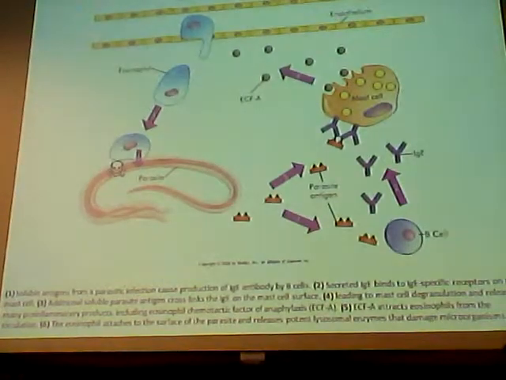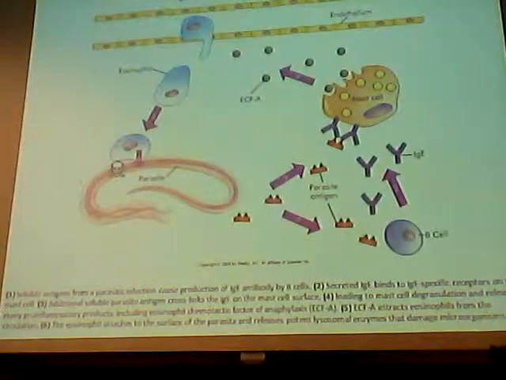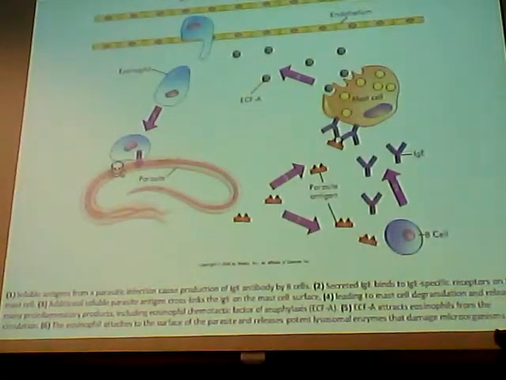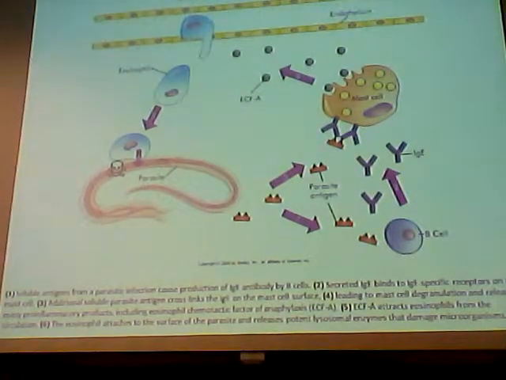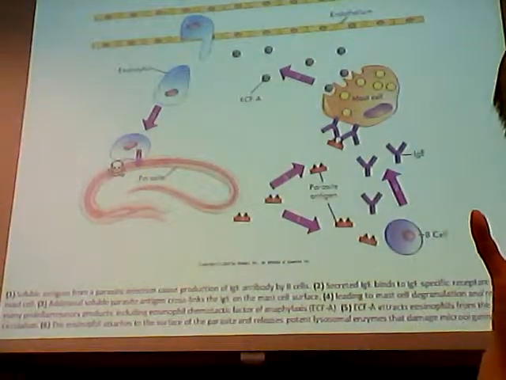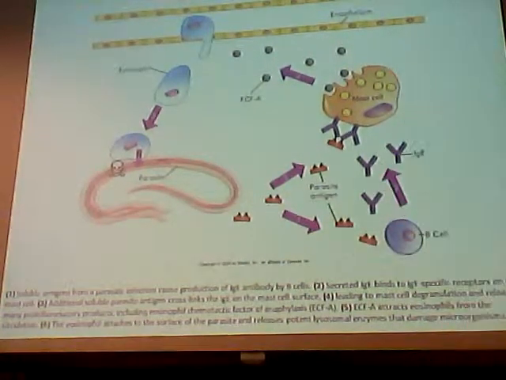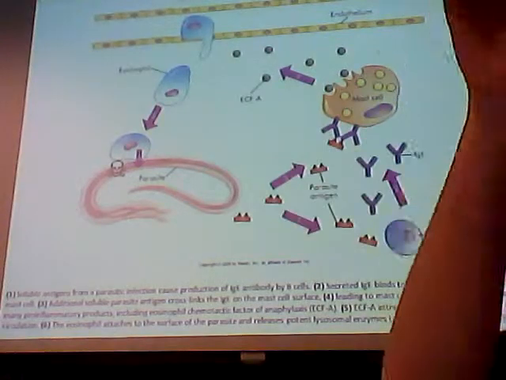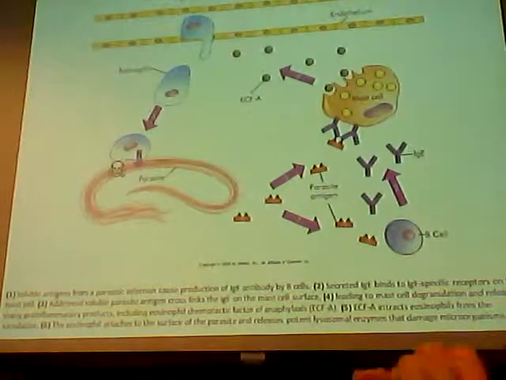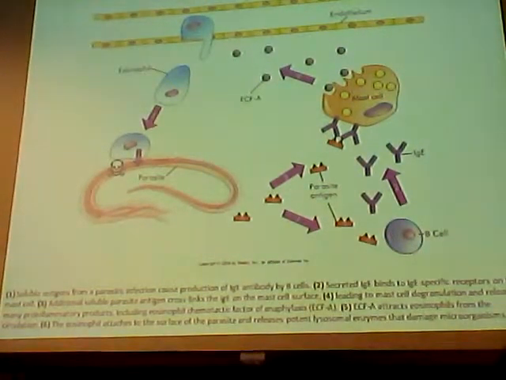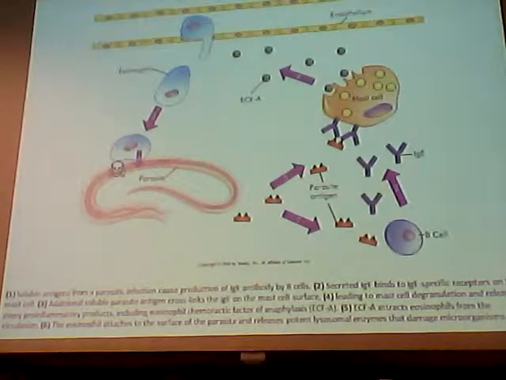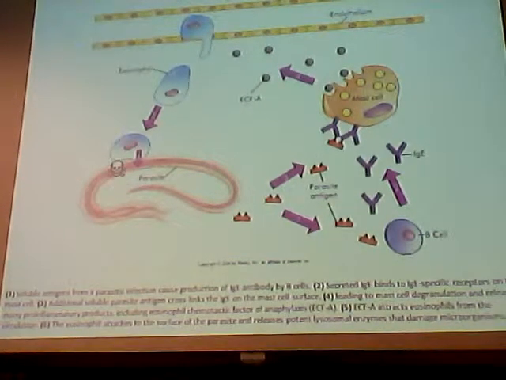So like he said, you can make a class change. When does that happen? Most of the time it's going to be IgM that starts off. IgM is a pentamer, so it's got 5 little Y shapes all around, and that can become either A, G, or E. IgA is more in the GI, respiratory, and genitourinary tracts.